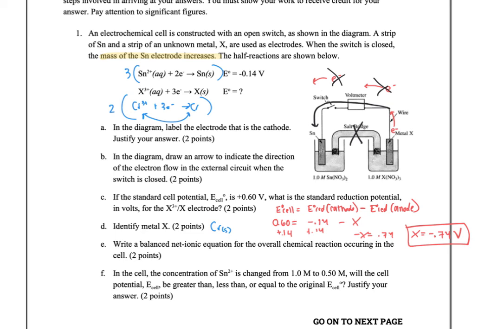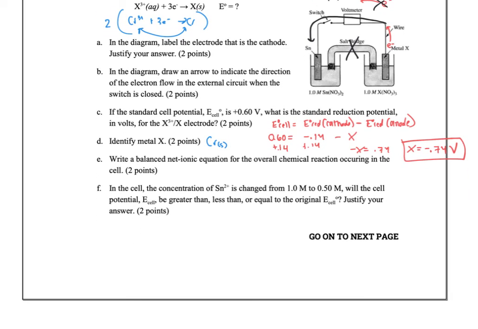Okay? And then lastly, if the concentration of the Sn2+ is changed from 1 to 0.5, will the cell potential be greater, less than, or equal? So you had two options for this question. You could have used the Nernst equation: the E cell that we're calculating is equal to the standard E cell minus 0.0591 over the number of electrons times the log of Q, which we can use our balanced reaction for.